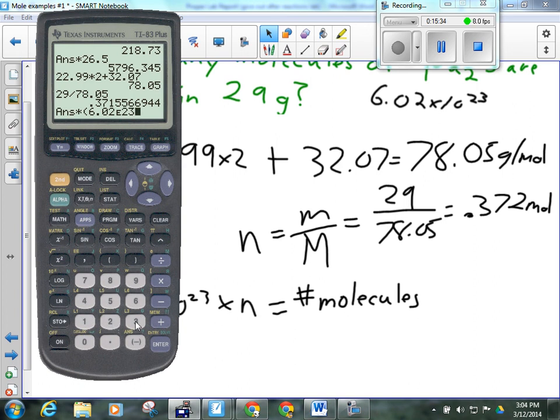Right? If you don't have a TI-83, the button you're looking for is either two capital letter E's or EXP. If you have an EXP button, it's the same thing. So you'd go 6.02 EXP 23, again enclosed in brackets.